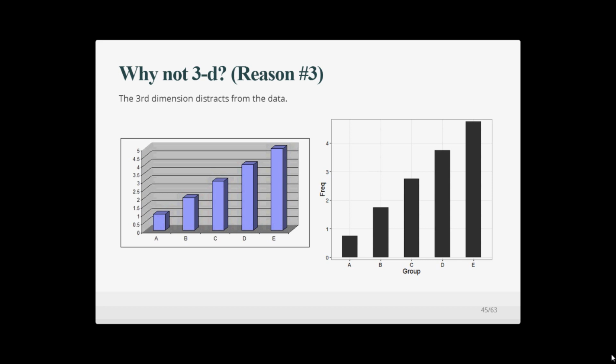Also, if you look at these two bar graphs that show the same information, the one on the left may look slightly prettier, may or may not to you, with the 3D bars, but it's more difficult to tell what the data is telling us because it's distracting from the data. It's just extra stuff that Tufte calls chart junk that's really not necessary, and it takes away from the data.